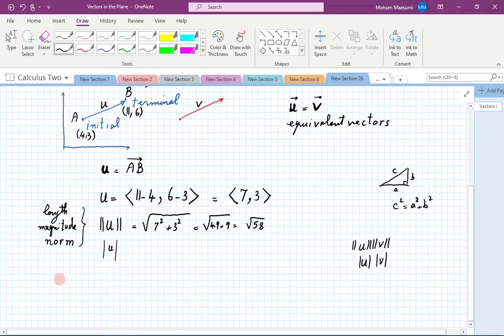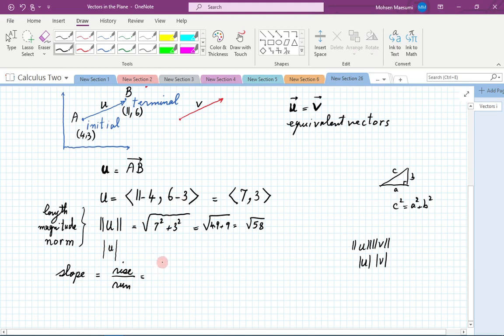Another concept you remember from your Algebra 1 is the concept of slope, which you remember as rise over run. For a vector of two components, this simply refers to the second component divided by the first component.